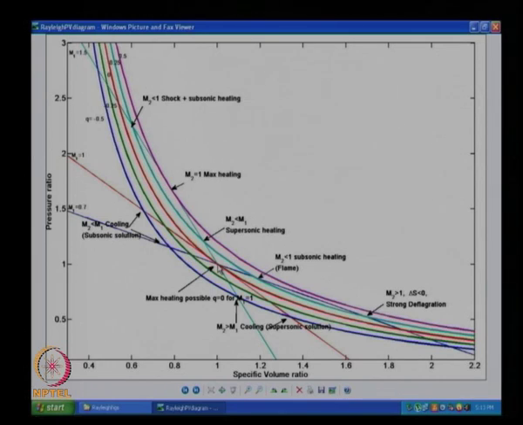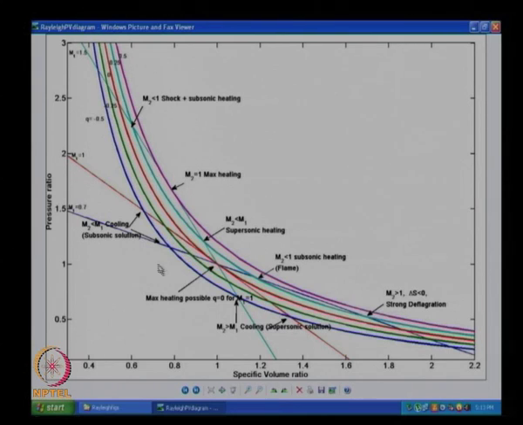The flow is already at P1 and V1, it cannot go to any other P2 V2, it can just stay at P1 and V1 and nothing else. If I do not add heat or remove heat, there is no solution for M equal to 1 flow. Mach 1 flow does not like to change, that is what this says. There is no solution for this. That is one special case.